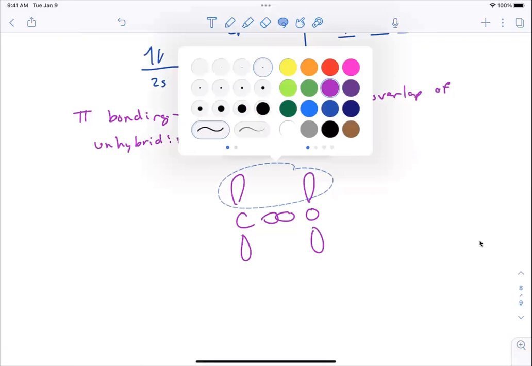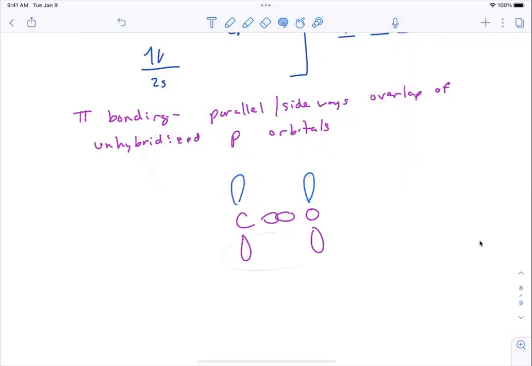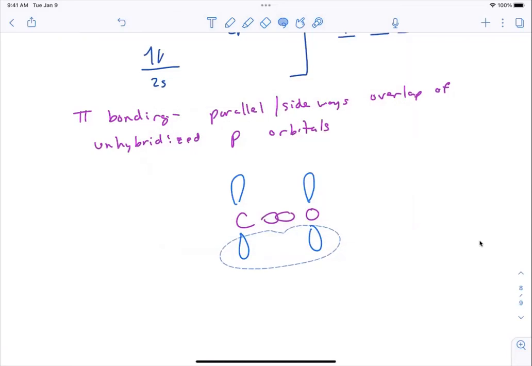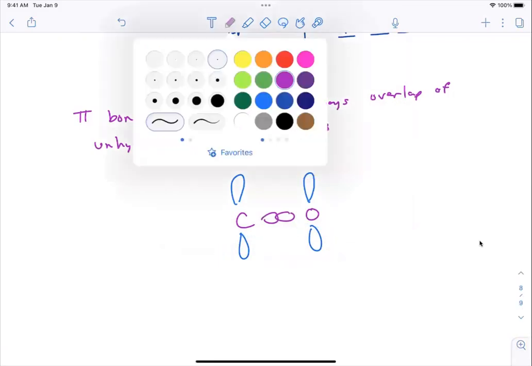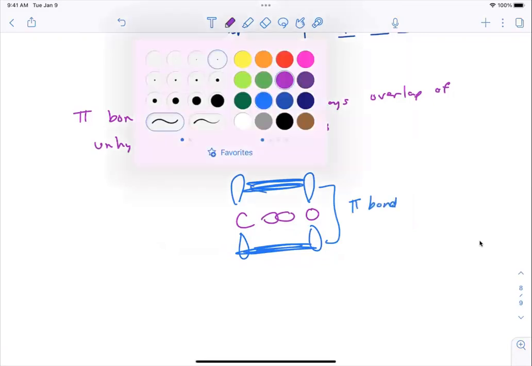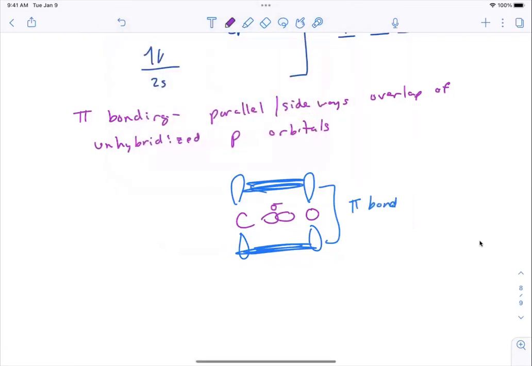The p orbital exists in this state so that the electrons can overlap between the space, and this is what we call a pi bond. So we have a sigma bond in here, and then we have a pi bond on top of that sigma bond. That's the second part of the double bond. Okay. Yes, Joey.